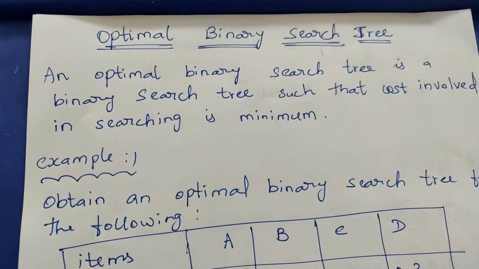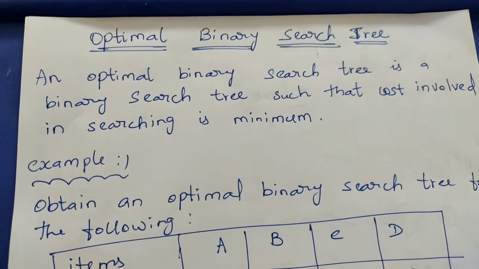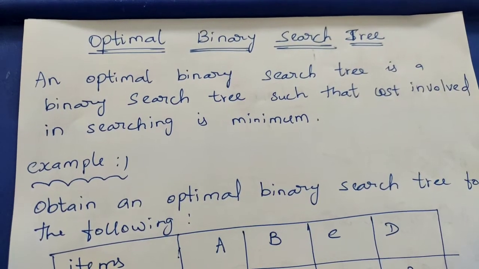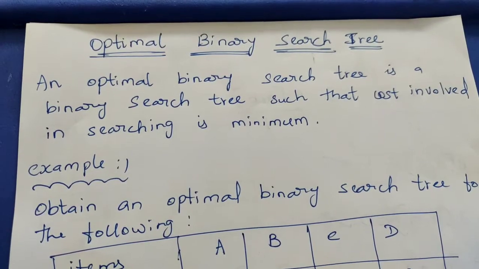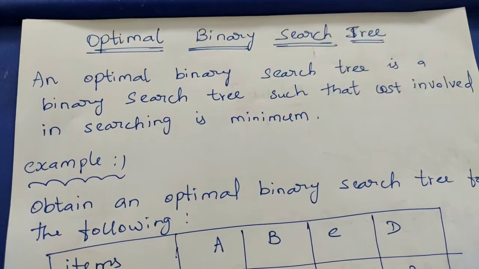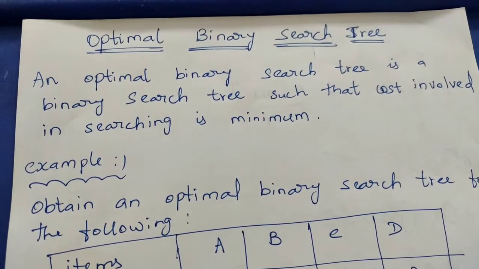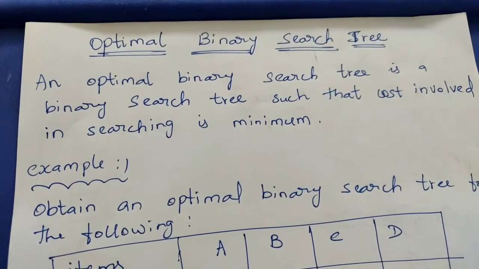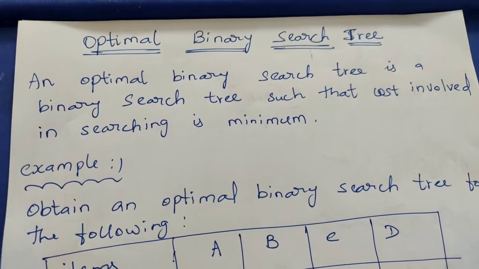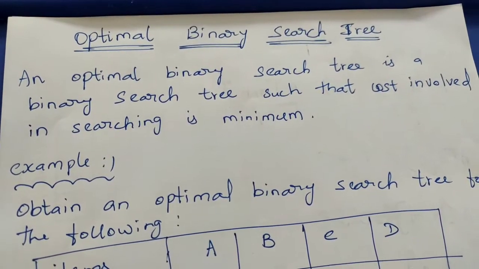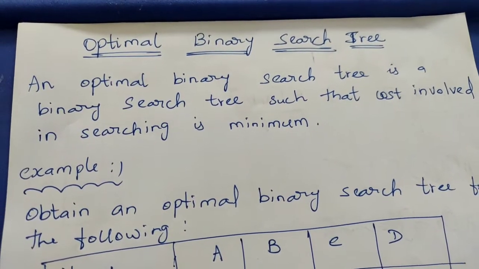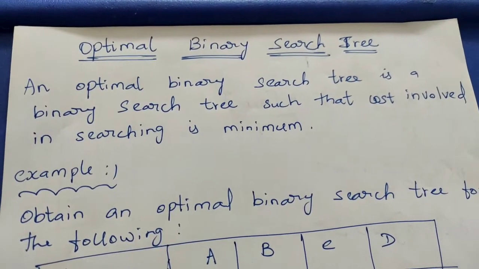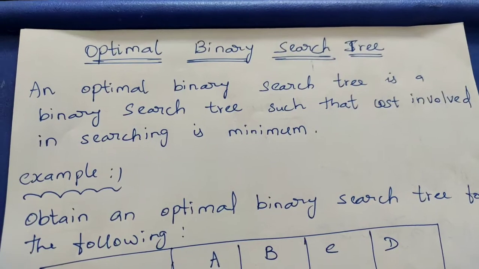Today we are going to see how to construct an optimal binary search tree. Before constructing the optimal binary search tree, we'll see what an optimal binary search tree is, then we'll go for constructing it. An optimal binary search tree is a binary search tree such that the cost involved in searching is minimum.